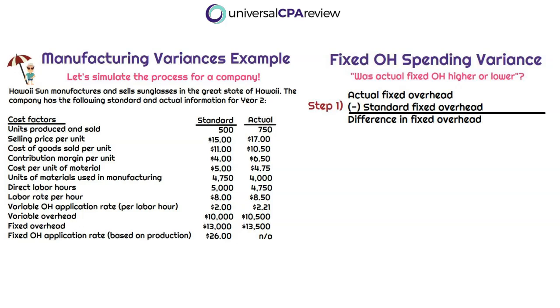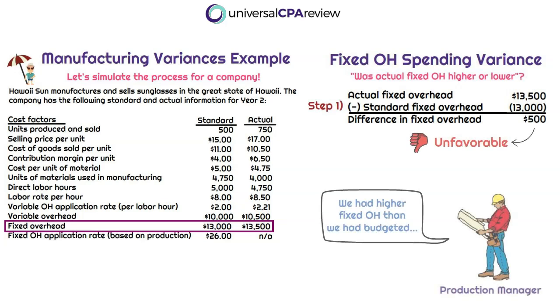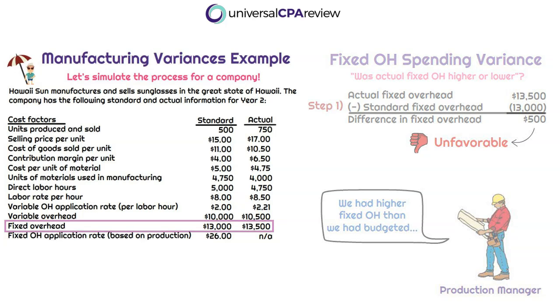And the production manager here is going to assess, okay, were our fixed manufacturing overhead costs higher or lower than we had expected? Well, it tells us the actual fixed overhead was 13,500. The standard or budgeted fixed overhead based on the production was 13,000, right? So that is a difference of 500. Our actual fixed overhead was higher, so that means it's going to be unfavorable.